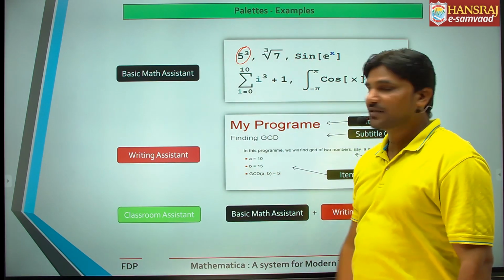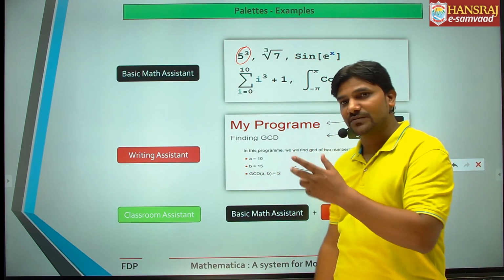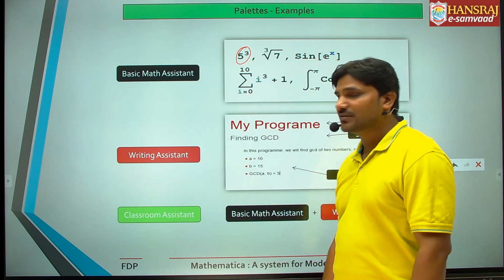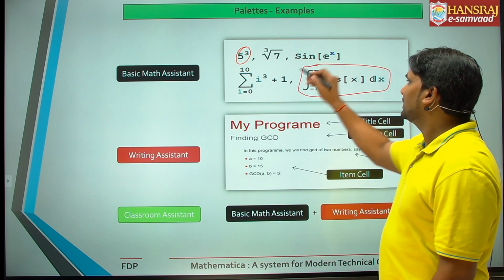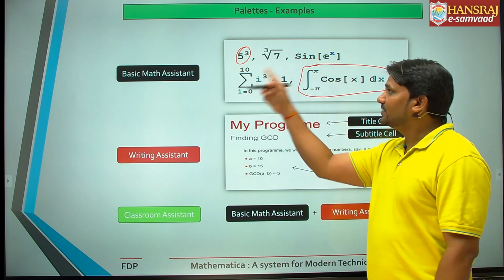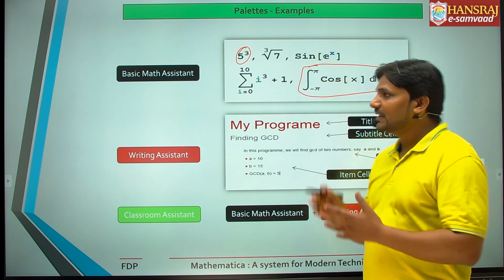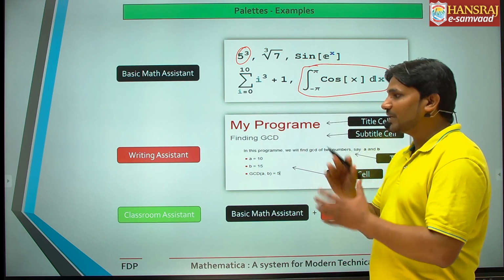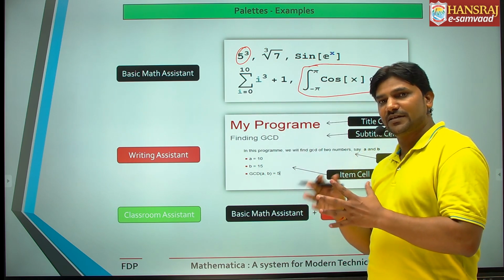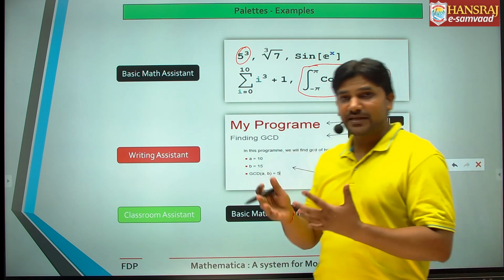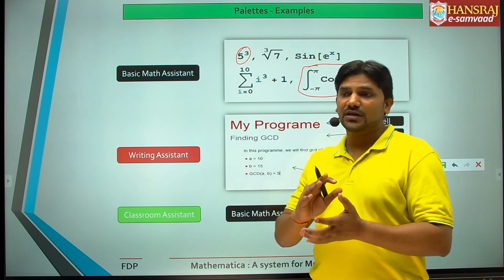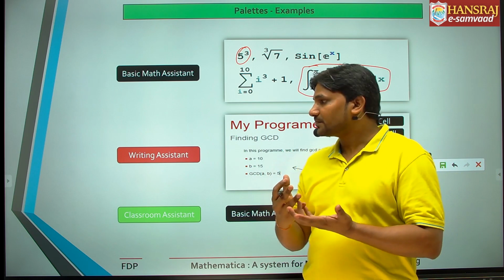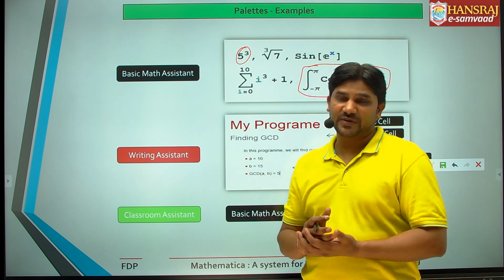You will get directly the value for that notation, that means superscript notation, or if you want to write some integral value, you can write that also. So all these structures are available in palettes, so you can directly work on that, and there is no need to go to the coding if you don't want to work for coding purposes, but you want to learn your Mathematica and do your mathematical work.